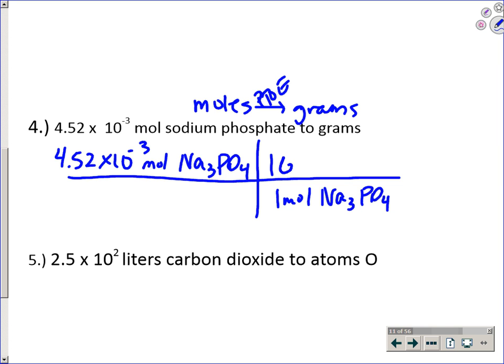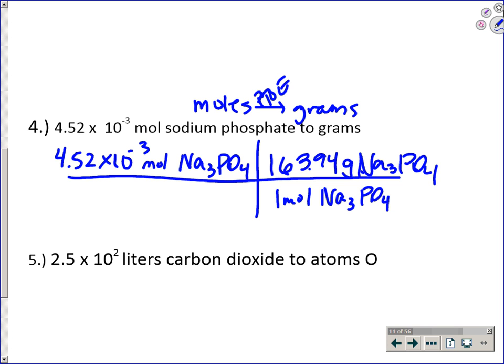So 163.94-ish. Like I said, some periodic tables will have a slightly different decimal. I've got one partially memorized in my head, so if I use something slightly different from you, don't take offense. Our answers will be super close, so we're good to go.